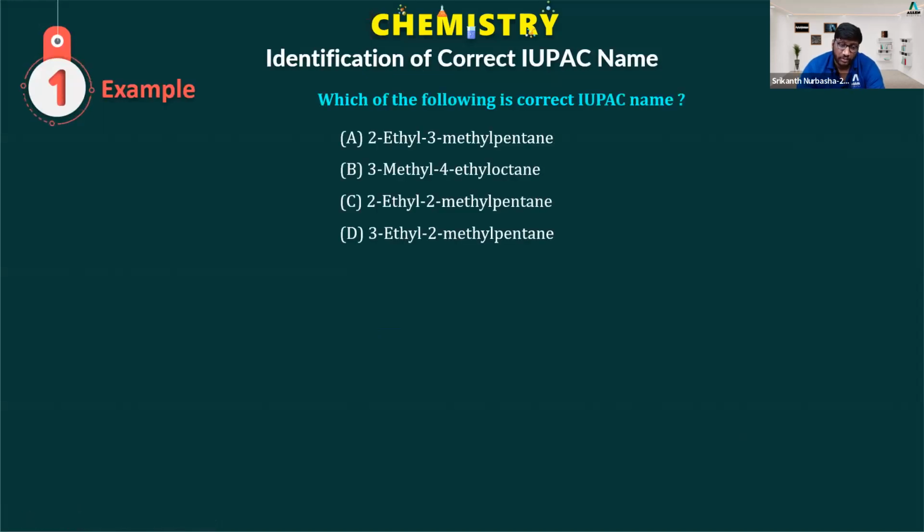Which of the following is the correct IUPAC name? All of you try to solve this example and give your answers. 2-ethyl-3-methylpentane, 3-methyl-4-ethyloctane, 2-ethyl-2-methylpentane, 3-ethyl-2-methylpentane. Sir, 2-ethyl-3-methylpentane.